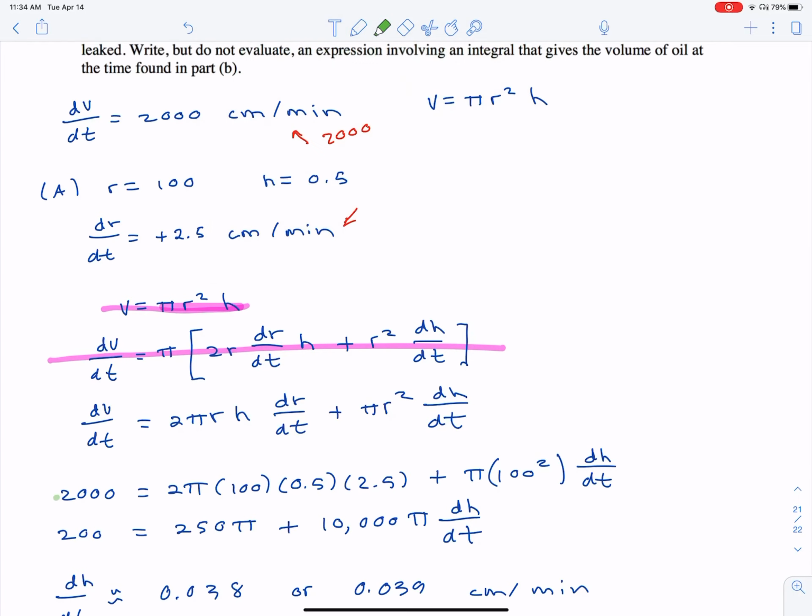So since the rate of change for the oil in the lake, and I'm going to create a function, I'm going to say it's given by this function.